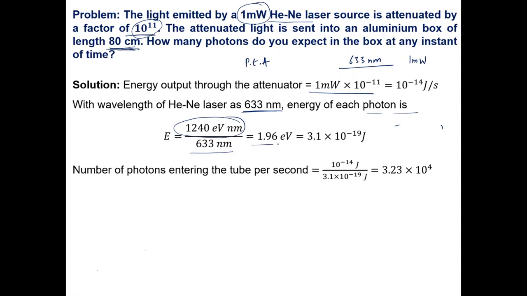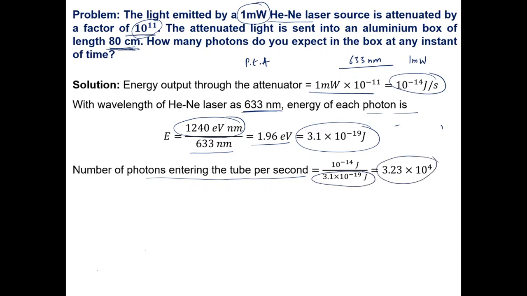So this becomes 1.96 electron volts. You can convert this to joule, and therefore the number of photons which are entering the tube per second is nothing but the energy output through the attenuator divided by the energy of a single photon. So this is the number of total photons that are entering this 80 centimeter long box.